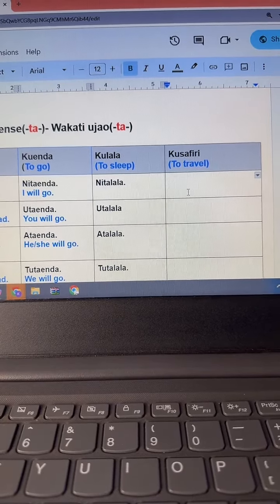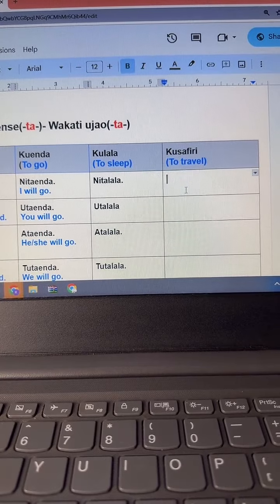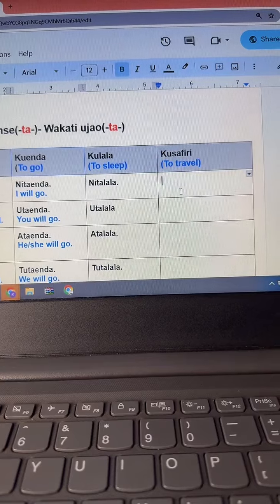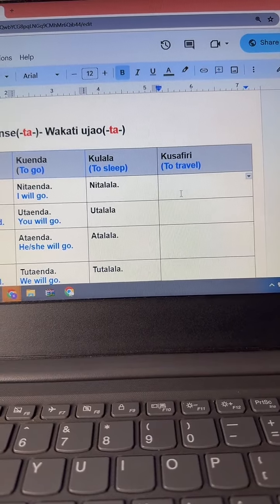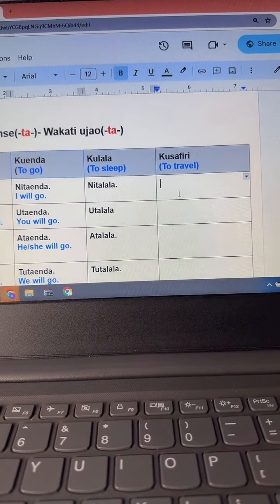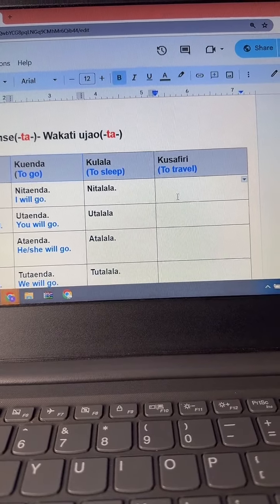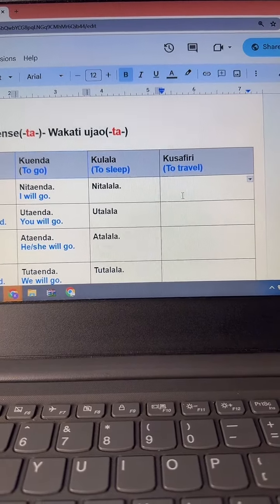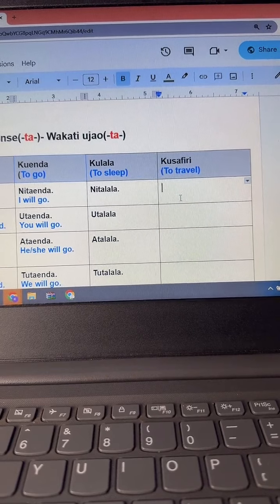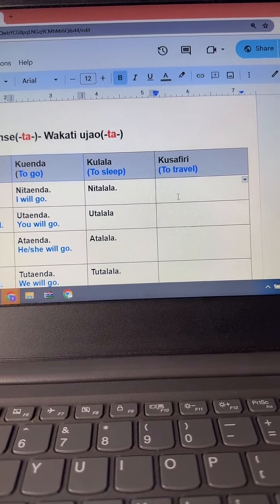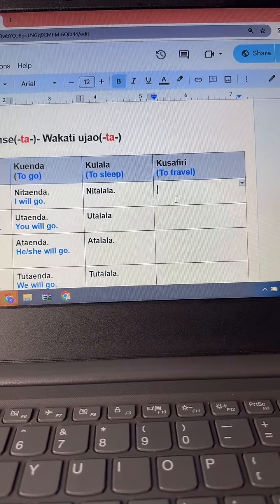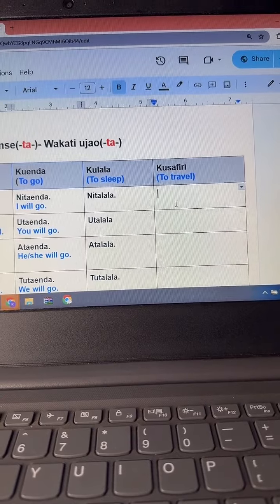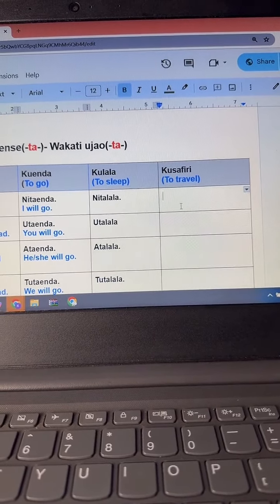Nitasafiri vizuri sana. Hapana, nitasafiri. Atasafiri, that will be he or she.